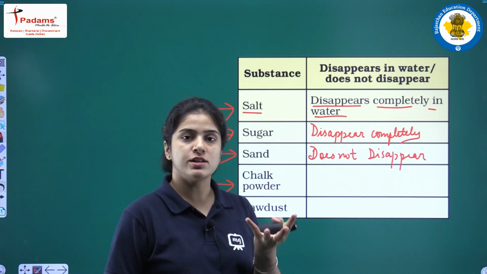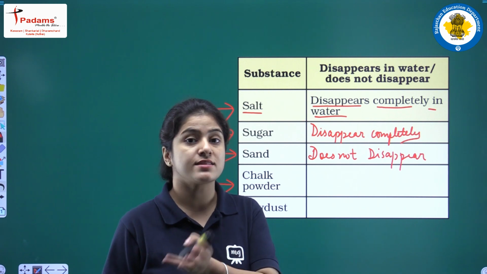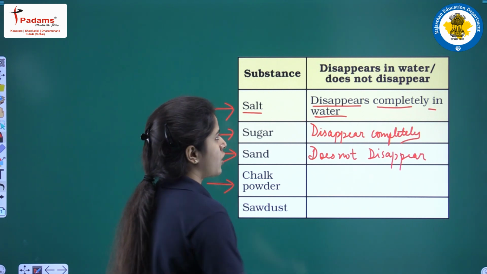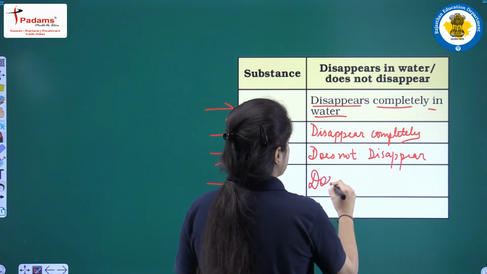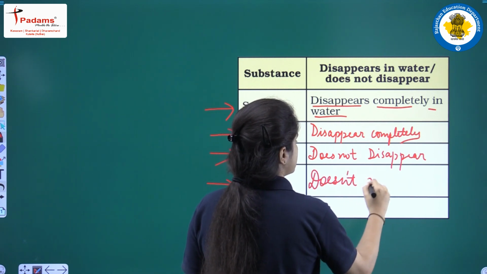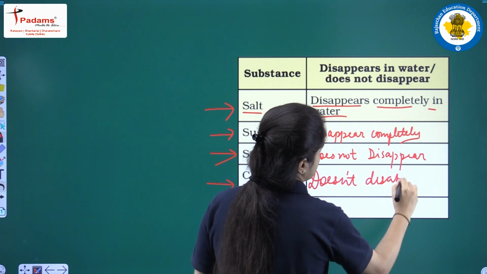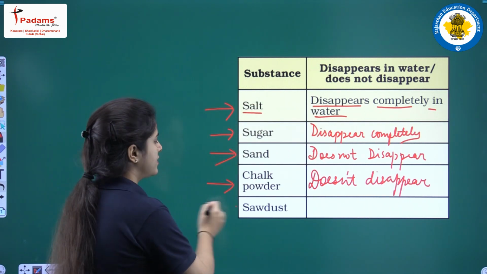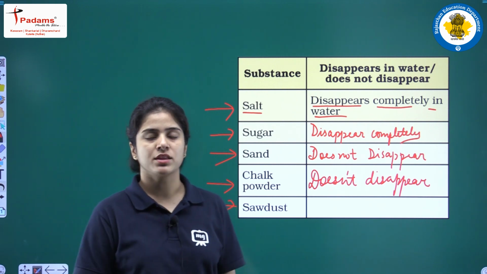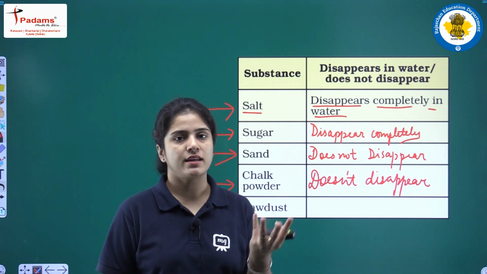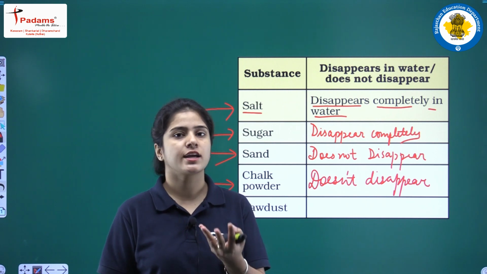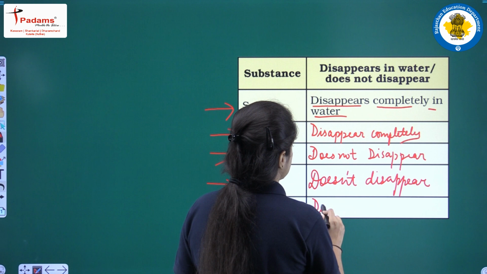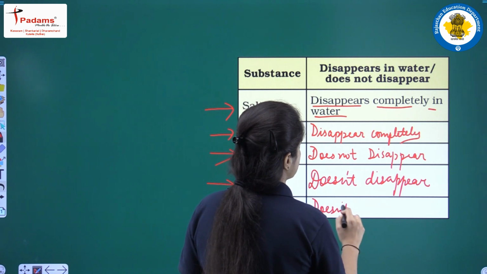Chalk powder is also an insoluble substance, so it will not disappear. Okay students, last one, sawdust. Sawdust is also an insoluble substance, it will not get dissolved in water, so it will also not disappear.